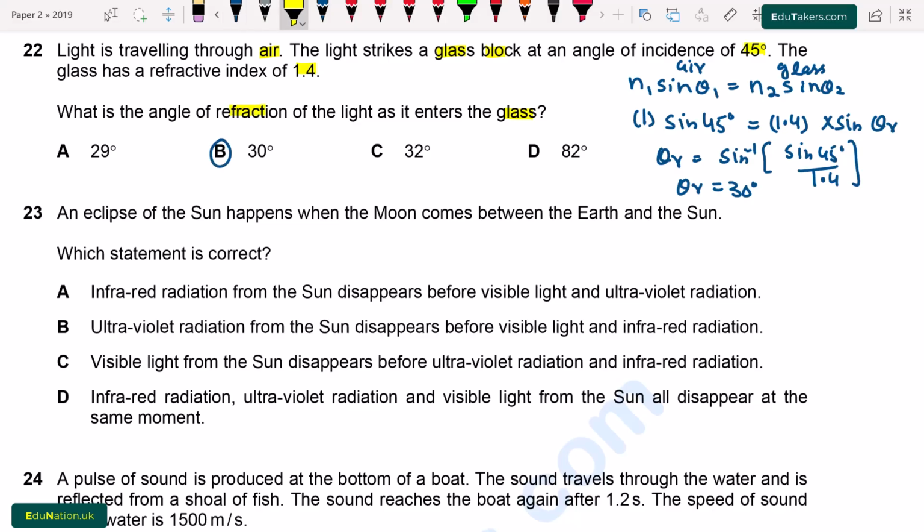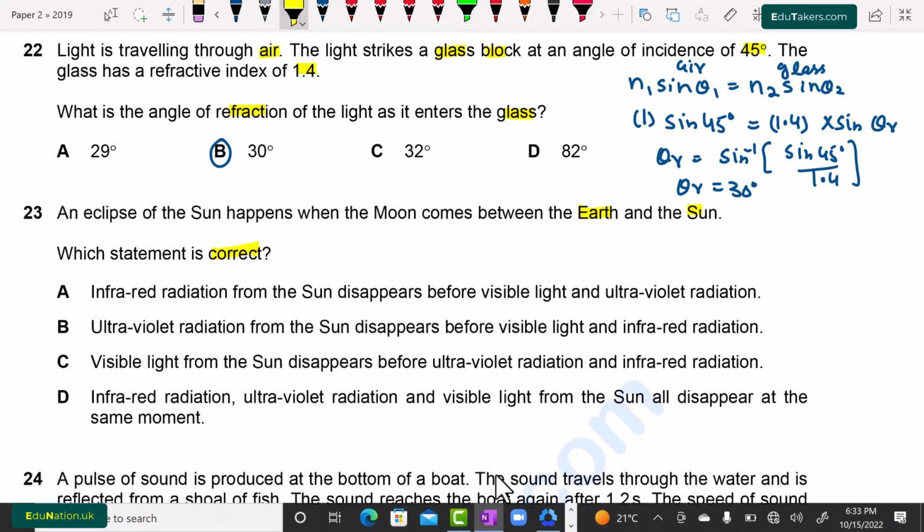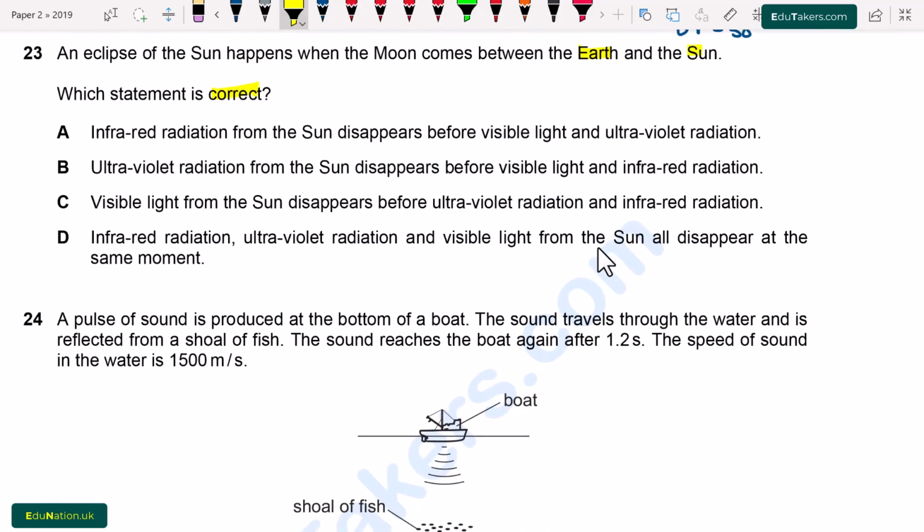Question number 23. An eclipse of the sun happens when the moon comes between the earth and the sun. Which one of the following statements is correct here? Option A. Infrared radiation from the sun disappears before visible light and the ultraviolet radiation. B. Ultraviolet radiation from the sun disappears before visible light and infrared radiation.